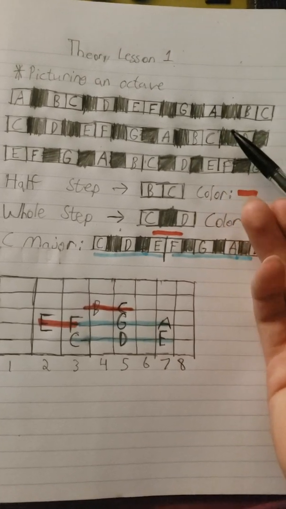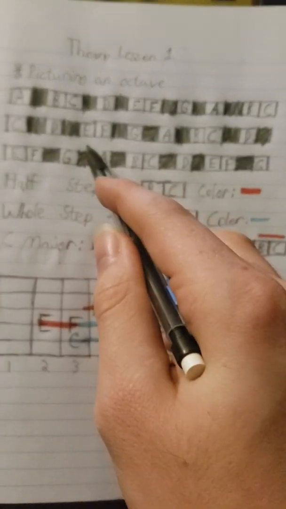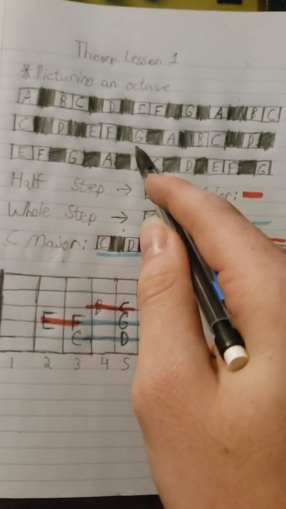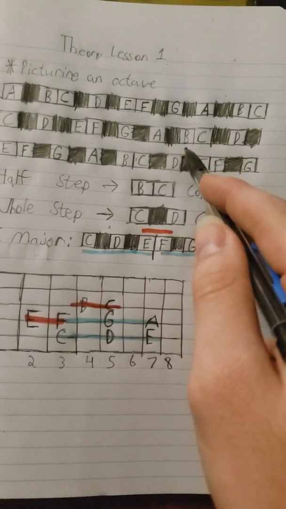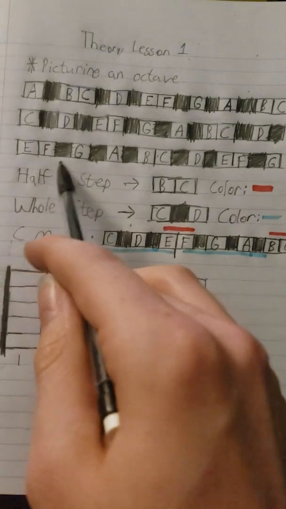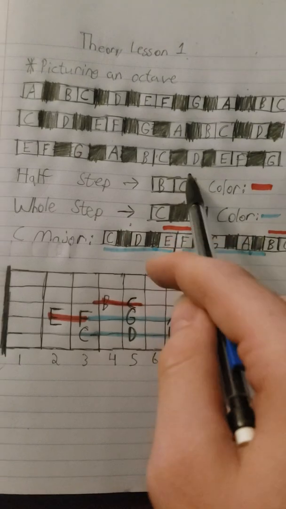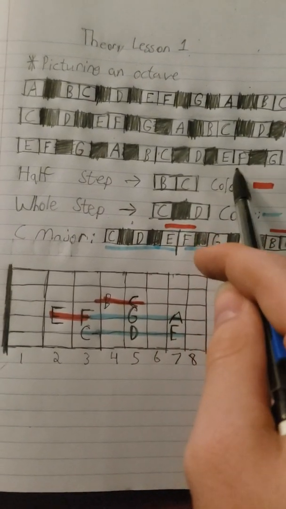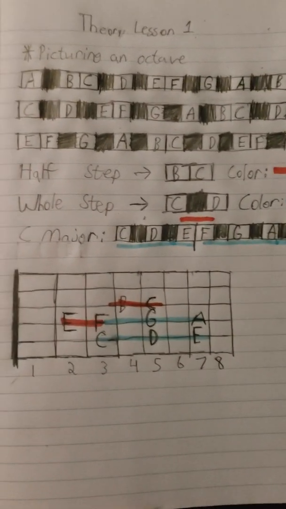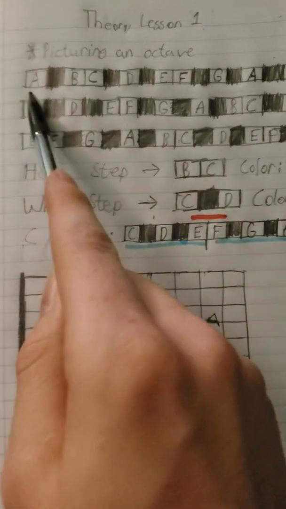We're back to A, B, C, D, E, F, G, A, B, C, D, E, F, G. Because the octave repeats over and over, the octave meaning when we come back to the same letter.